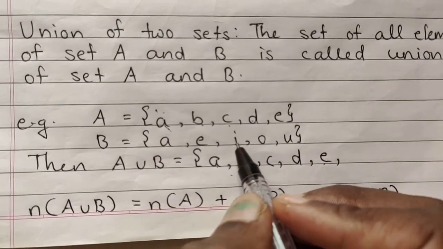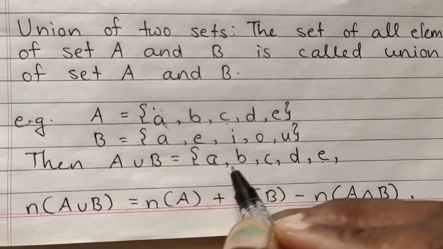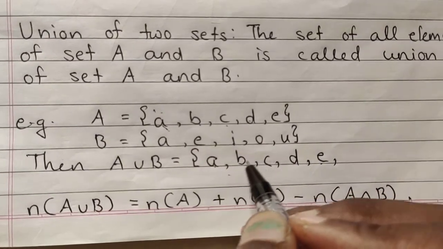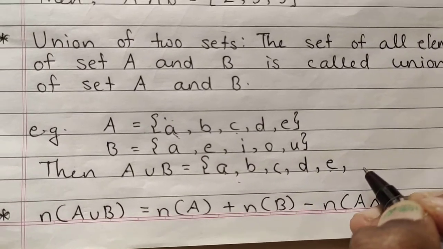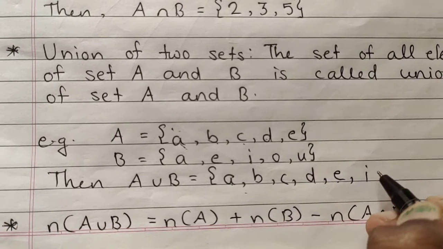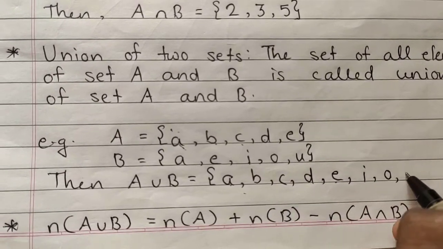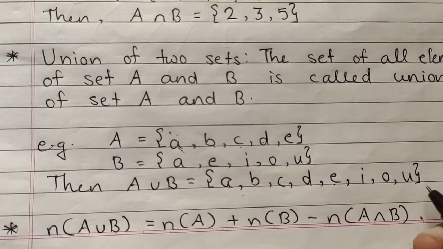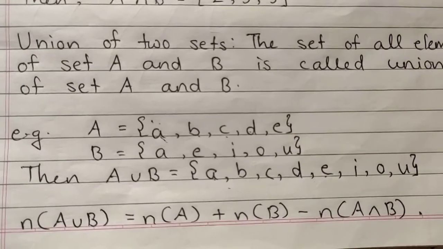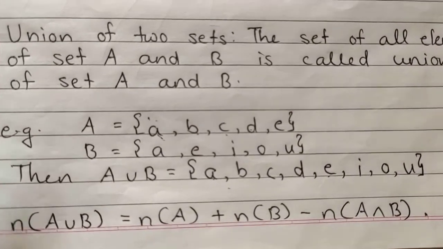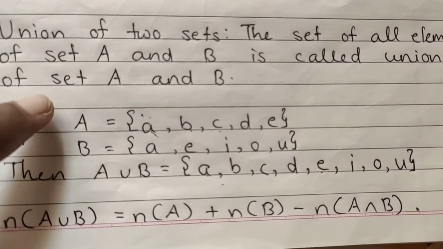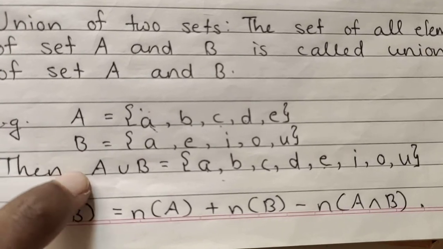Now what is remaining? I, O and U, which I have not written. So now I will write I, O and U. Okay, so in this way I have written elements of set A and elements of set B both.